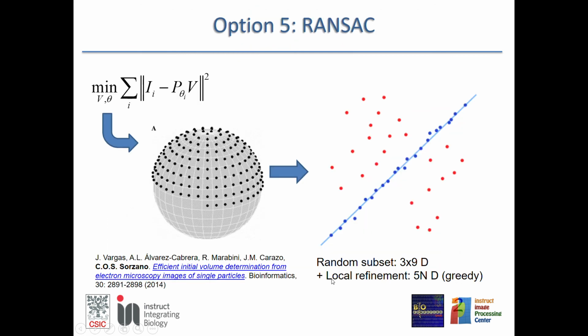And RANSAC is another proposal in which the algorithm assumes that in this process of finding a volume that is compatible with the projections, at first, when you are assigning the angles at random, there will be many mistakes. So you can think of it as in this figure, where the line would be the volume and the points would be the different projections.